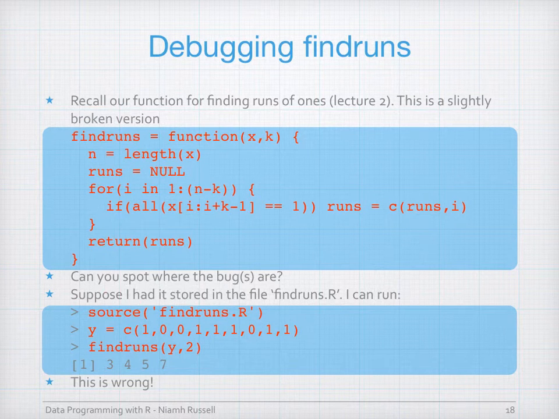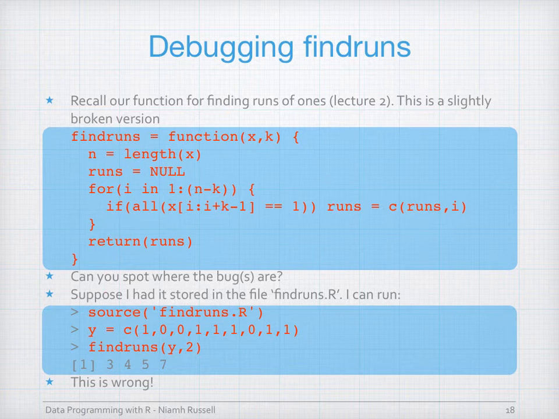So just to remind ourselves what find runs is meant to do: when you go in there, it'll set the length of our input vector, which within find runs is called x, as n. So n should be 9 in the case of y here. Then we're going to create an empty vector called runs, and then we're going to have a for loop. The for loop is going to run from position 1 to position n minus k.